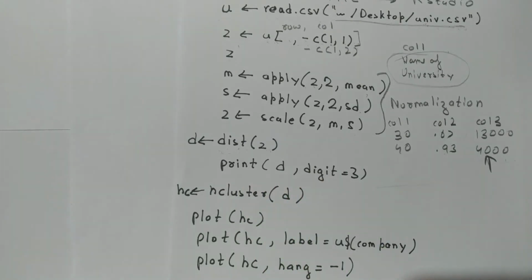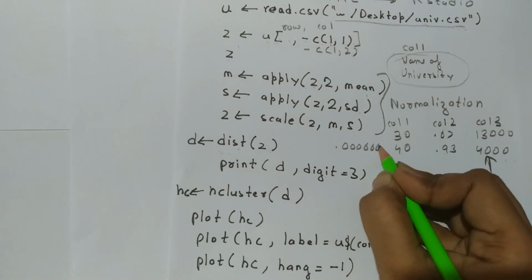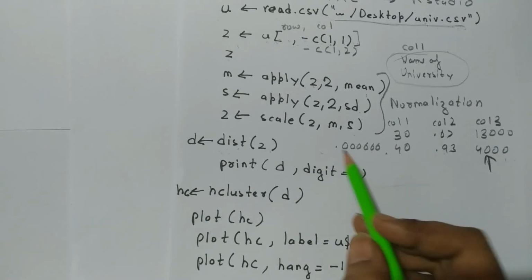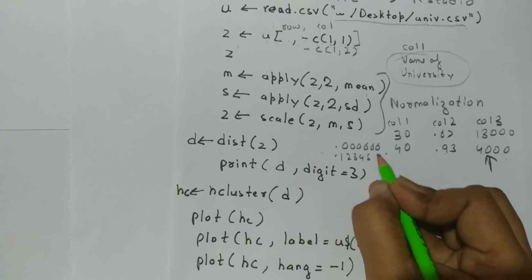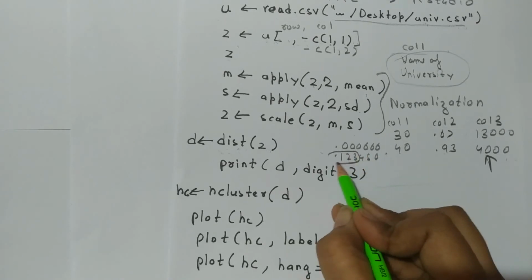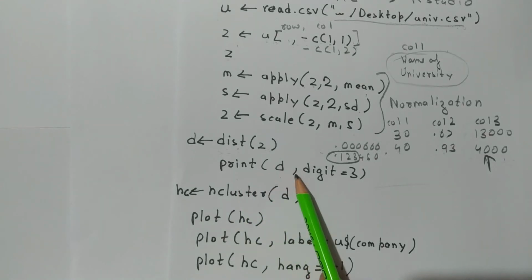Now the distance calculated will be in decimals till 6 places. Now we want the answer only till 3 decimal places. So we use this function print(d, digits=3).